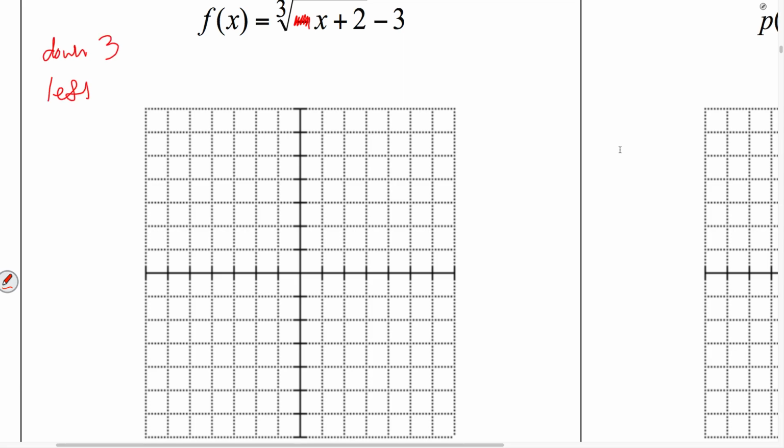Left 2, I'll take it. And then that's a cube root. So down 3, left 2 is here, and a cube root. You've got to go over to 8 before you go up to 2 or something. So it's something like that. It goes really far.